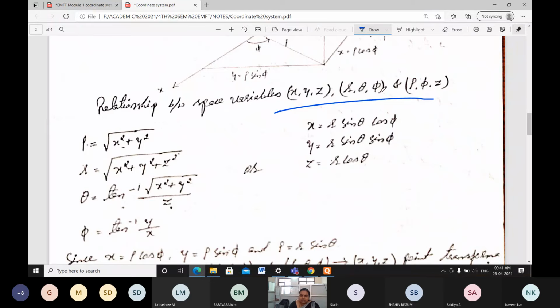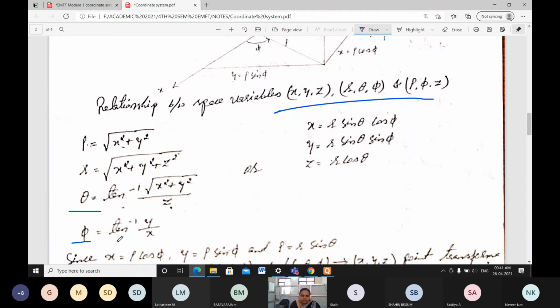Then the relationship between all three, that is x, y, z Cartesian, cylindrical and spherical. Here rho is, as we already taken, the square root of x squared plus y squared. Here r varies in all three factors for the spherical, so r is the square root of x squared plus y squared plus z squared, and theta is tan inverse of the square root of x squared plus y squared divided by z.